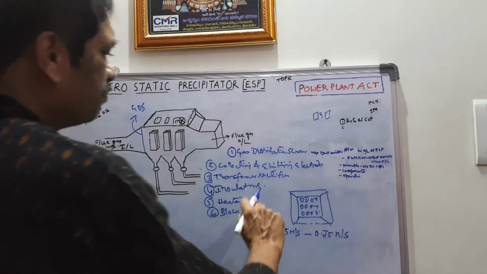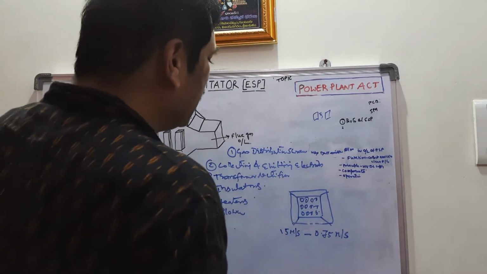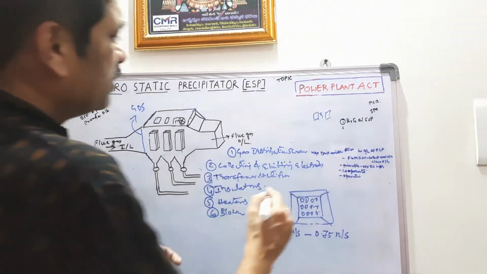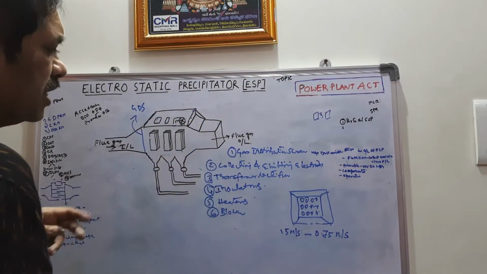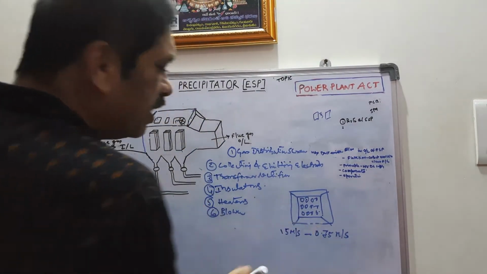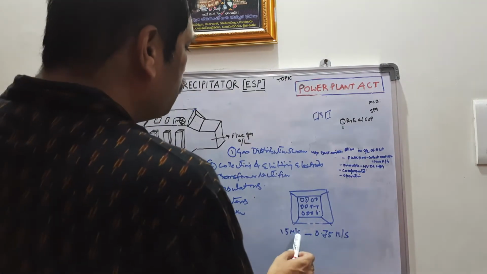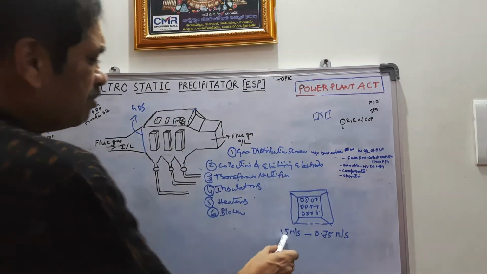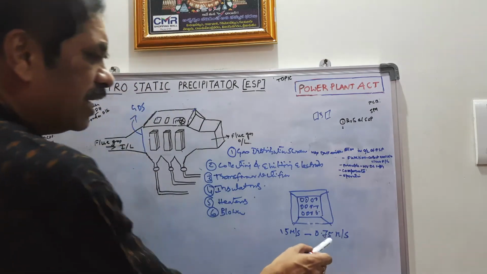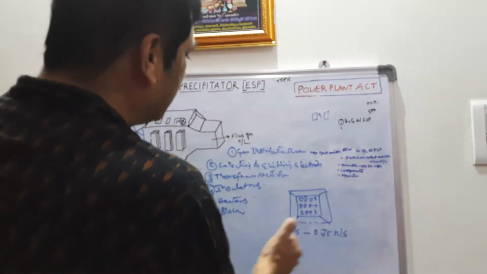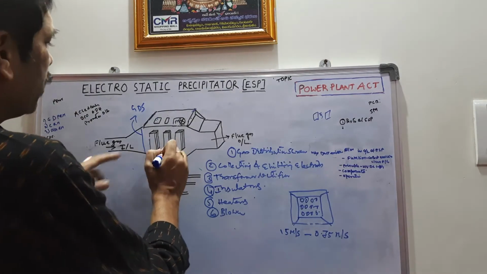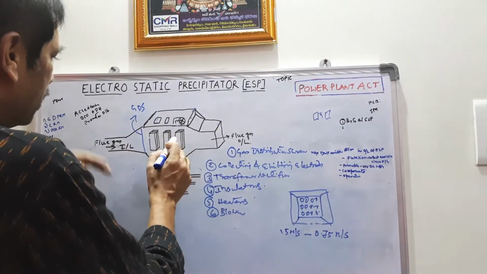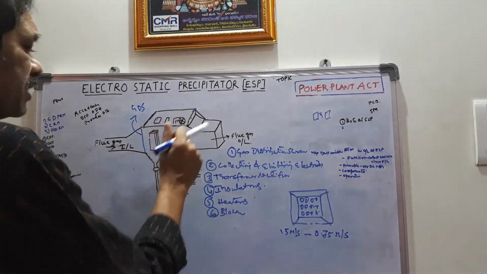The main function of this gas distribution screen is, number one, distributing the flue gas uniformly over the entire area of the ESP, and number two, reducing the velocity of the flue gas. The reason why this velocity is to be reduced is that by reducing the velocity, the retention time of the flue gas is longer, so that it gets ionized.